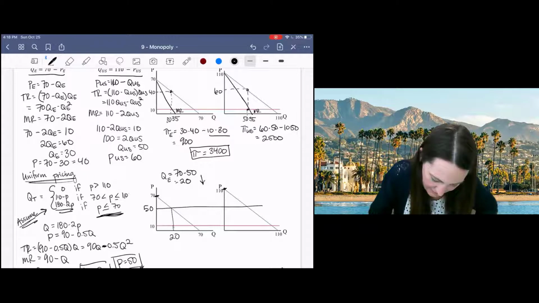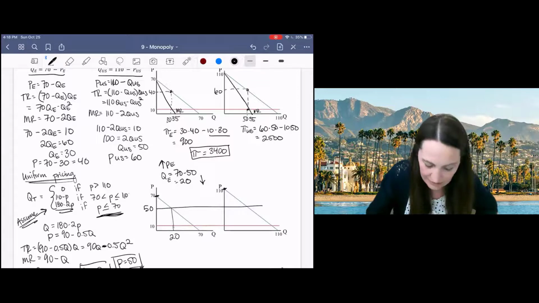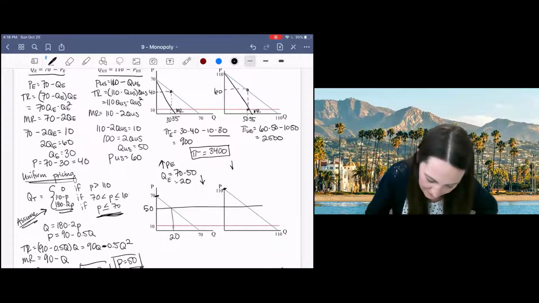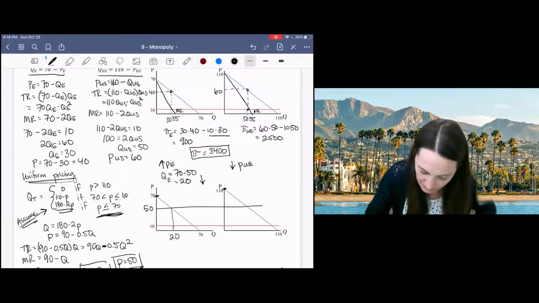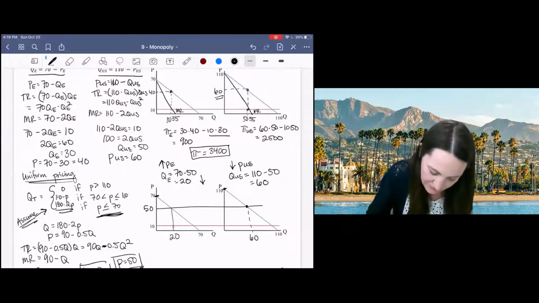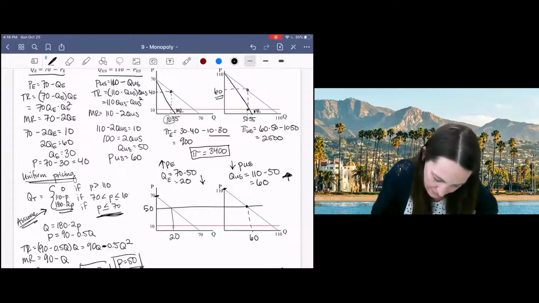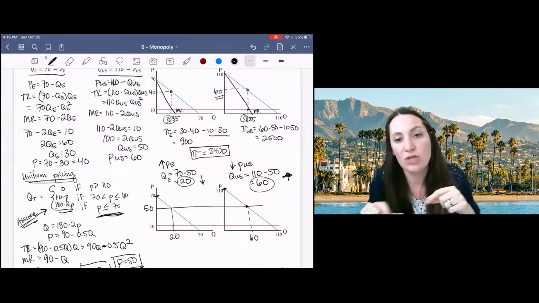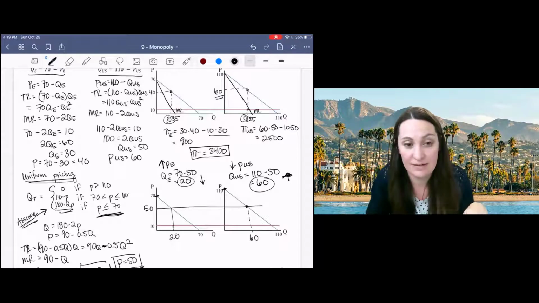So we have a decrease in quantity in the European market as we have this increase in price in Europe. We have a decrease in price in the US. It used to be 60 and now it's 50. So we should see an increase in quantity in the US. And we see that the quantity has gone up from 50 to 60. So you can see we've sold actually the same quantity of product as before, but the distribution across the markets is different.